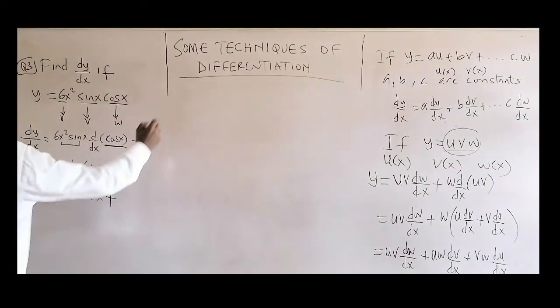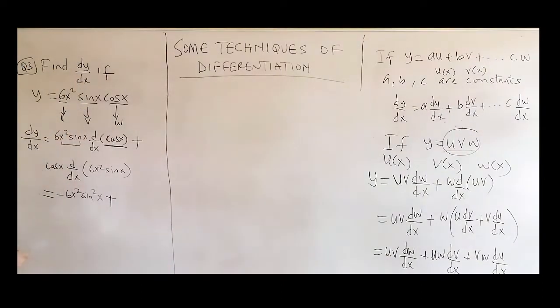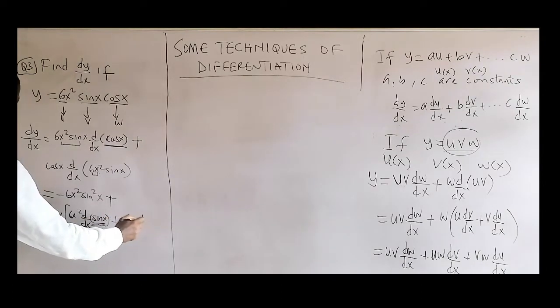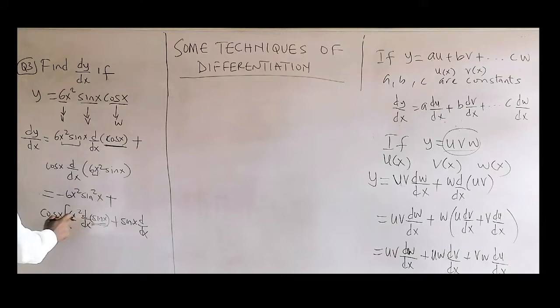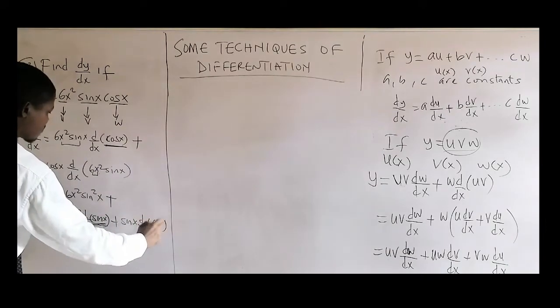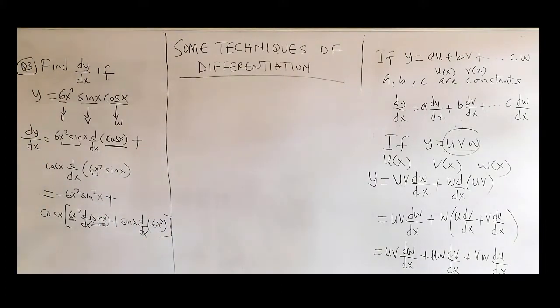Then plus, this is a product rule, so we're going to break it down. It's going to be cos x, open your brackets, keep this first one constant, differentiate the second one, which is sine x, then plus the one you are differentiating here, keep it constant, and differentiate the one you kept constant here, 6x squared. Close the bracket.